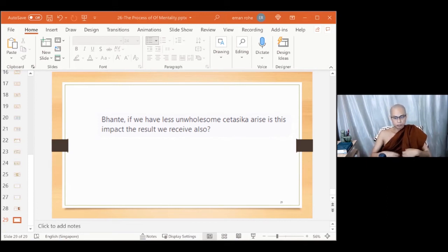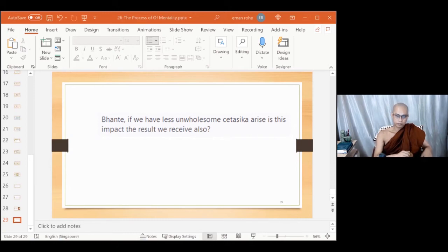At that moment the impact becomes stronger, so the unwholesome result becomes larger or stronger. So we cannot say that fewer factors produce less result. It depends on the situation, the commitment, and the repetition, how many times it is repeated.